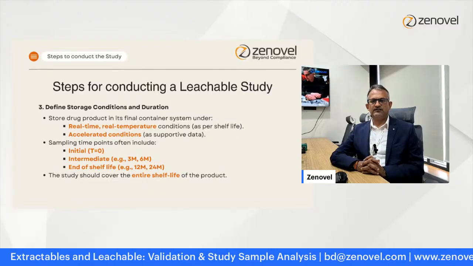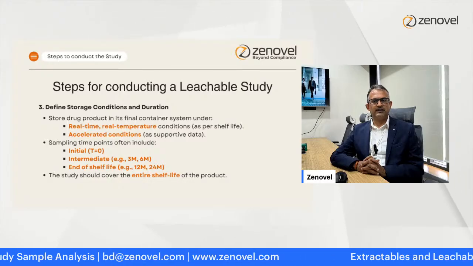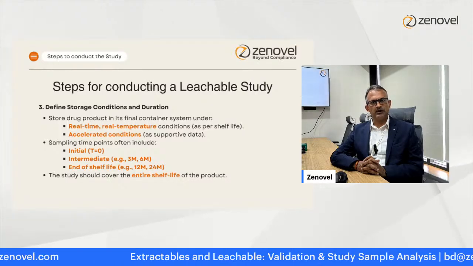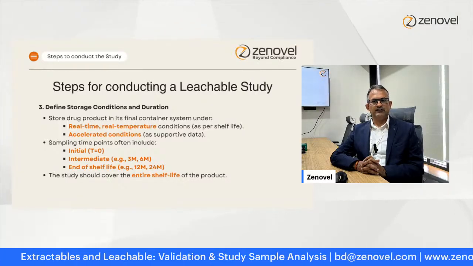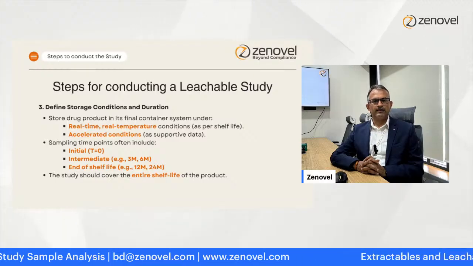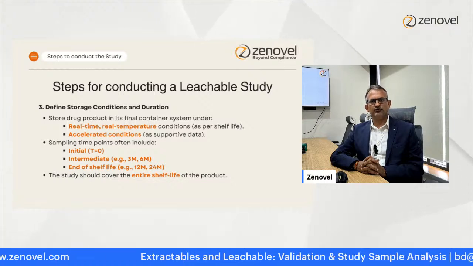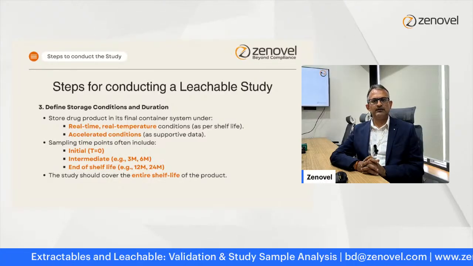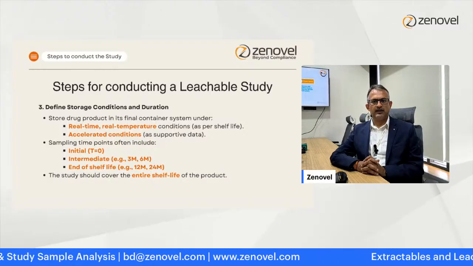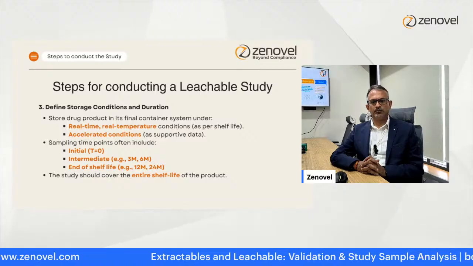Then define the storage condition and duration. Store the drug product in its final container system under real-time, real-temperature conditions as per the shelf life of the drug. Accelerated conditions can be performed to generate supportive data, and sampling time points often include initial, t equal to 0, for the comparison, then intermediate, for example 3 months or maybe 6 months, and end of the shelf life, for example 12 months or 24 months.